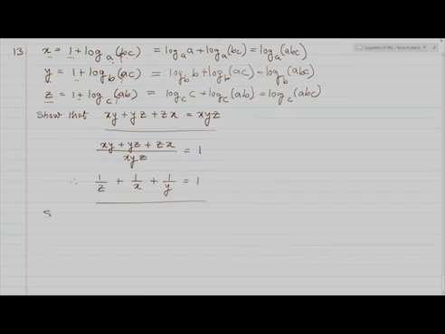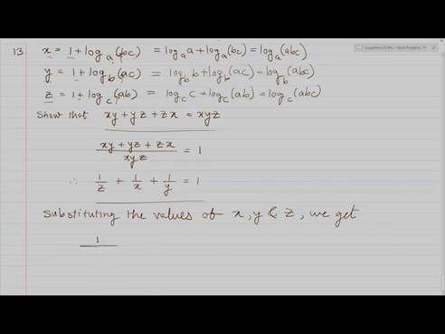Substituting the values of x, y and z, we get 1 by z, so it is 1 upon log to the base c of abc, plus 1 upon log, it's x, so it will be log to the base a of abc, plus 1 upon, it's y, no? So it should be log to the base b of abc.